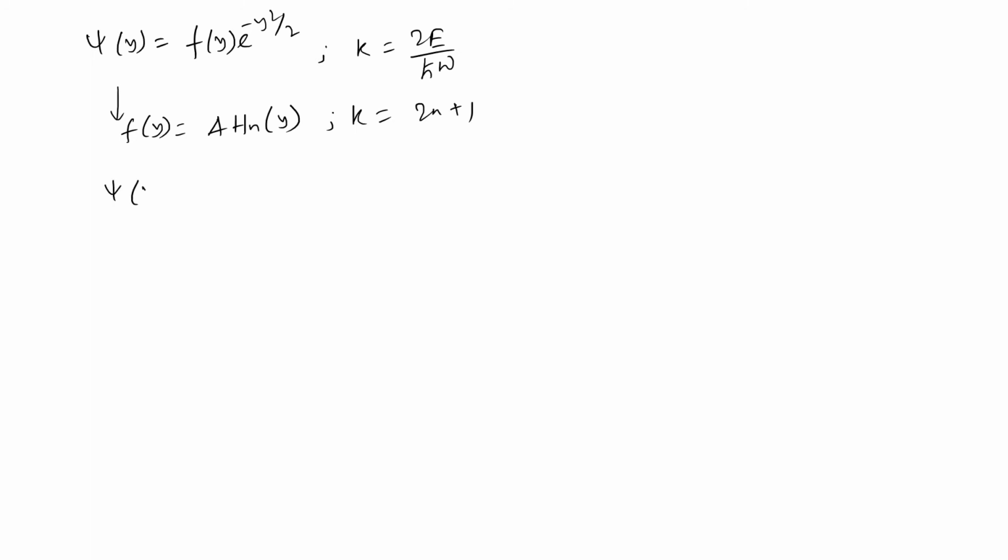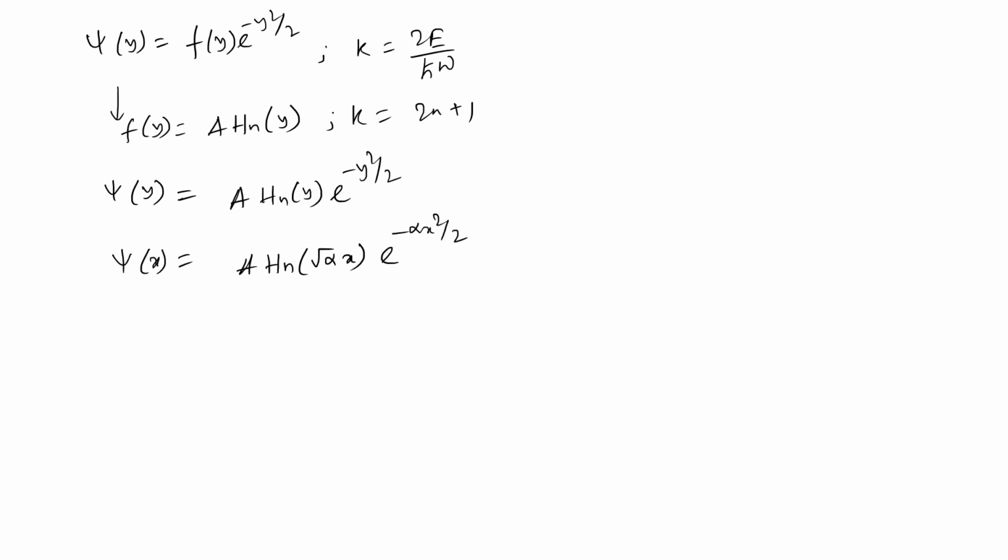So I can find psi of y equals a H_n(y) e^(-y²/2), and psi of x equals a H_n(√α x) e^(-αx²/2), because I have assumed y equals square root of alpha into x, and our final job is to find psi of x, because I have considered the x direction only.